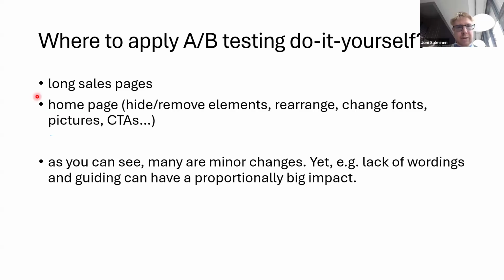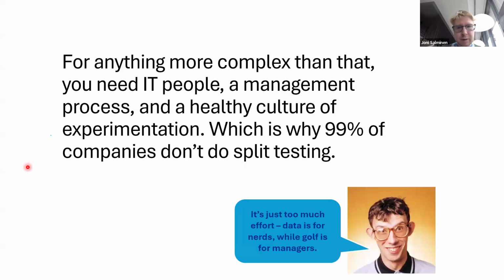For example, you can test different sales pages and make some UI changes through these tools. Smaller magnitude changes are possible to implement as a marketer, especially if you know some basic HTML and CSS. But if you just edit text, you don't even need to know that once you have installed the tool.